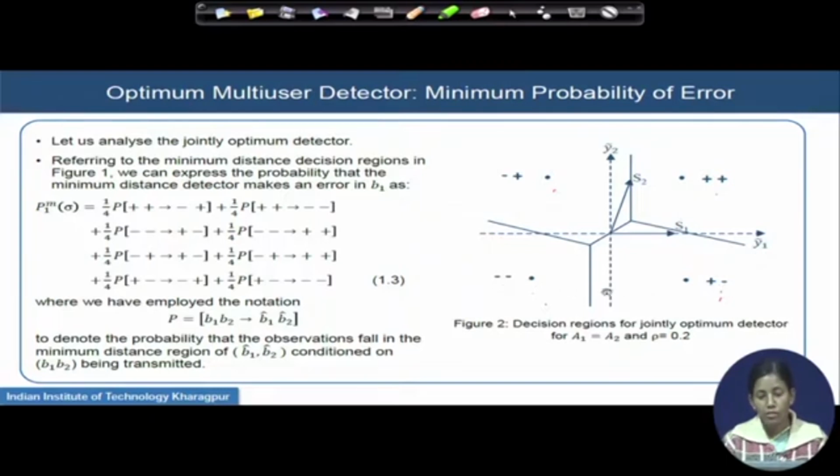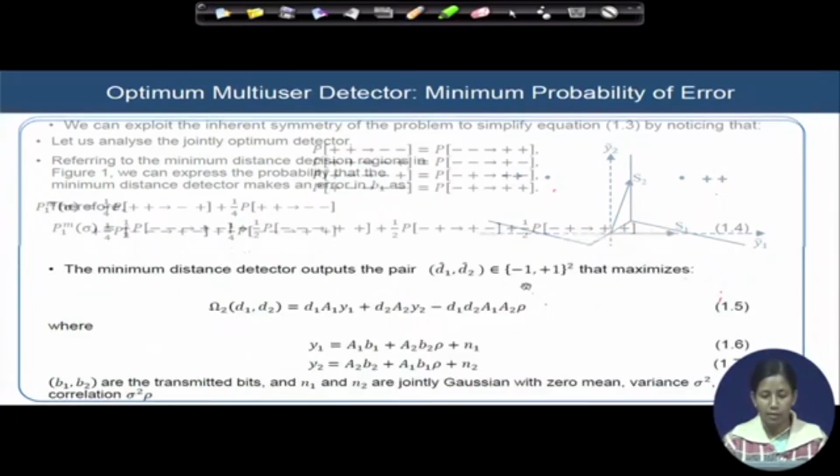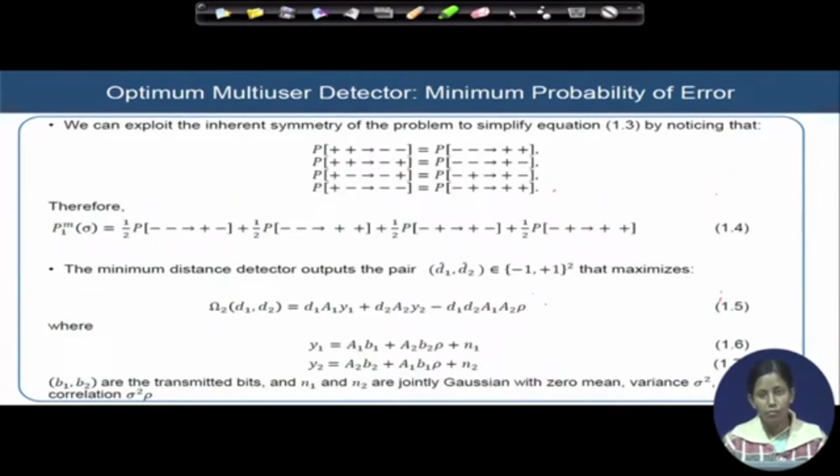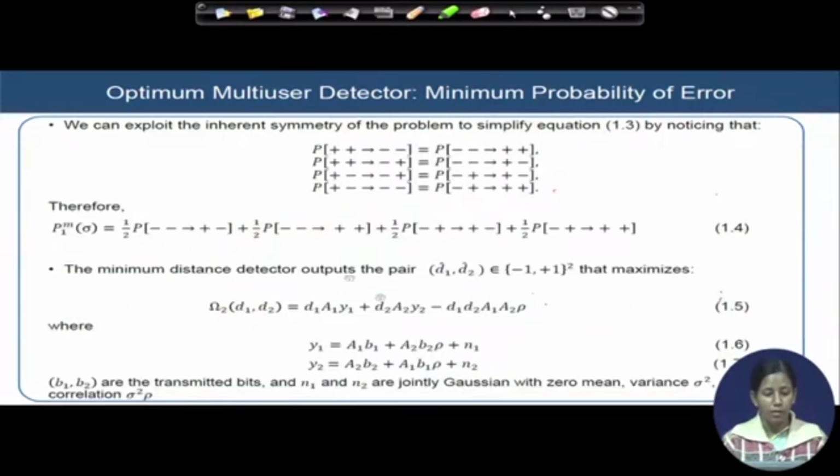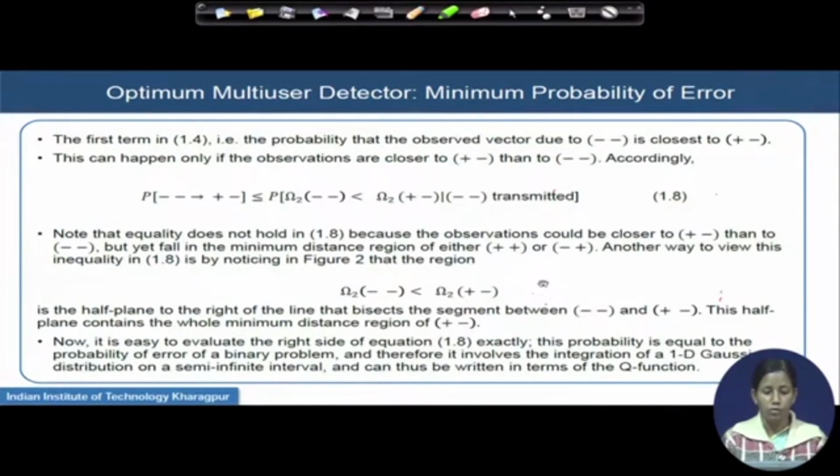So the decision becomes wrong, because the received signal is fundamentally close to this zone, not close to the double minus zone, or quadrant number 4. That is the only reason why this first term, a wrong decision, comes into the picture.